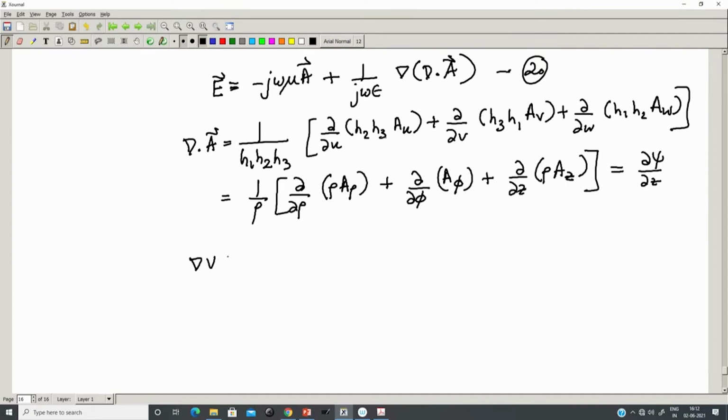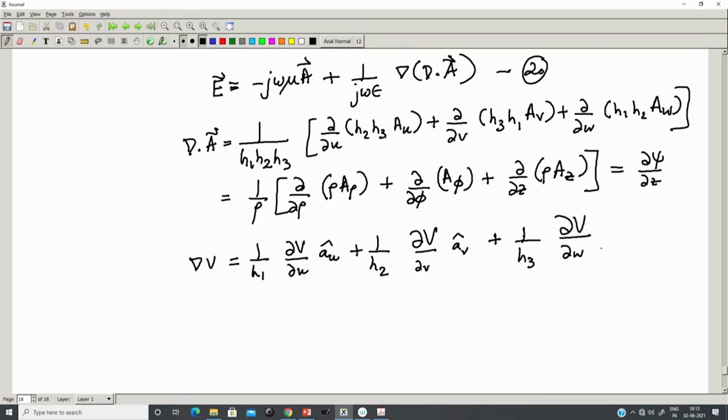Now, grad of V in the cylindrical coordinate system, where V is a scalar, is given by 1 by h1 del V del u au plus 1 by h2 del V del v av plus 1 by h3 del V del w aw.